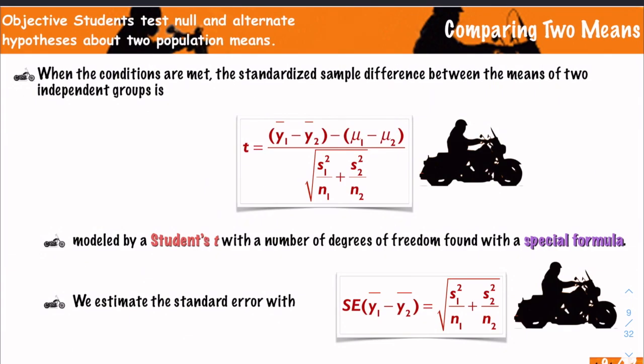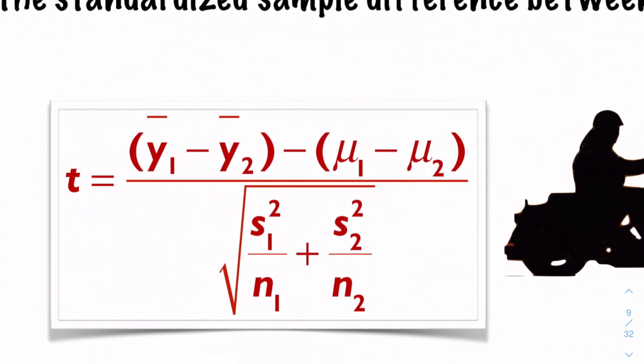So when our conditions are met, the standardized sample difference between the means of 2 independent groups is, and this is just like we had for our t statistic before, only this time we have our difference in sample means, and this is our difference in population means.